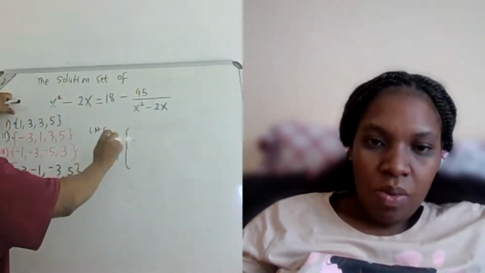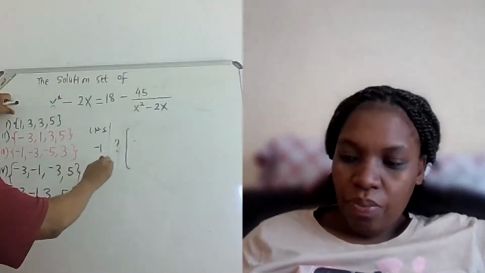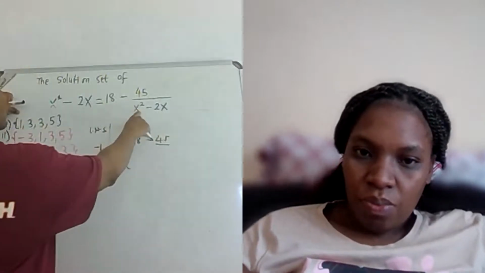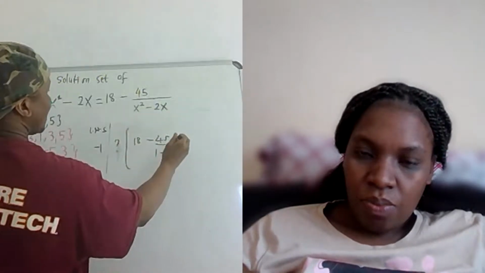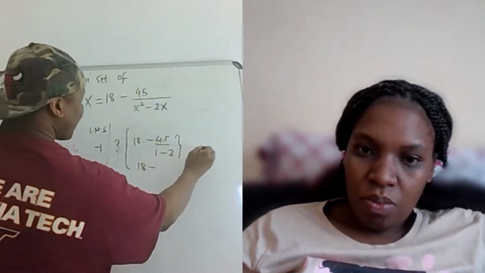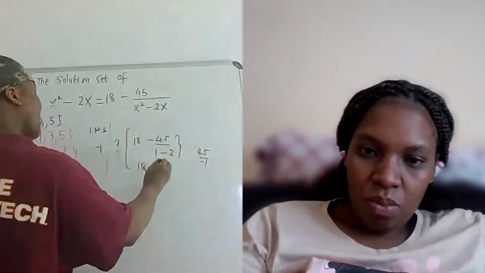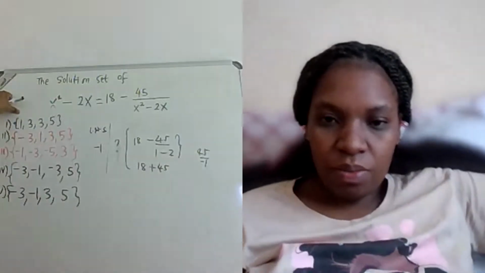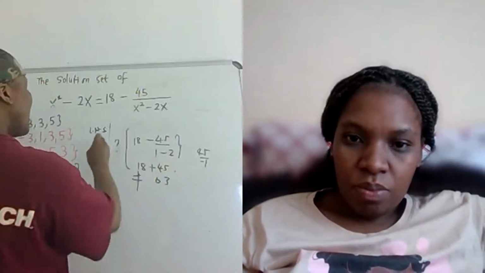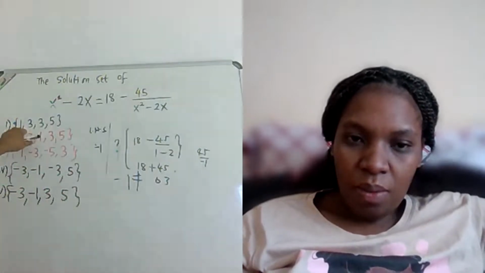So with 1, the right hand side is 18 minus 45, which is not -1. It gives somewhere around 63, and 63 is not equal to -1. So this is not true.